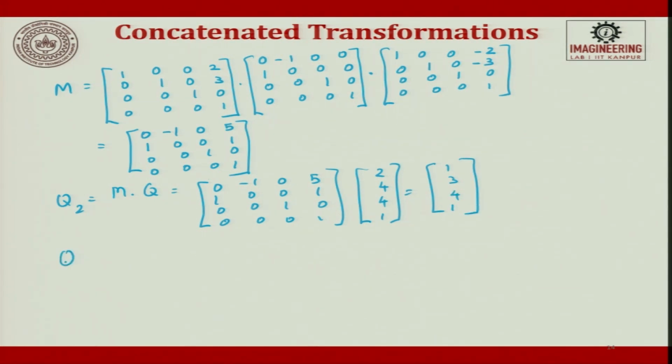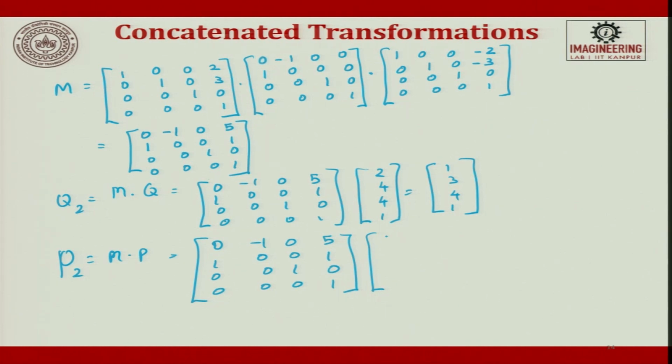When we try to do P2, you have 0 minus 1 0 5, 1 0 0 1, 0 0 1 0, 0 0 0 1, and then you multiply by P. What is P? 2 3 4 1. What we get as answer is 2 3 4 and 1.